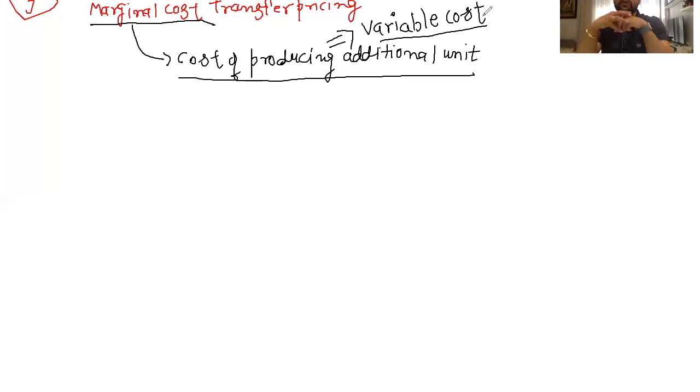But remember, this variable cost or marginal cost could be estimated only in short run. Future cost is completely unexpected cost. So that's one of the weak points of this marginal costing transfer pricing, that this method cannot be applicable when there is a long-term decision.